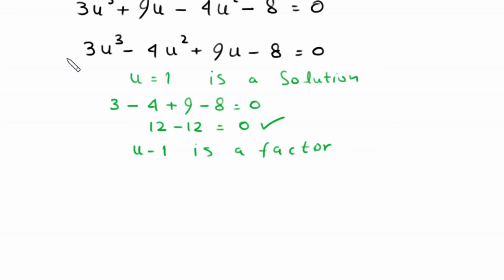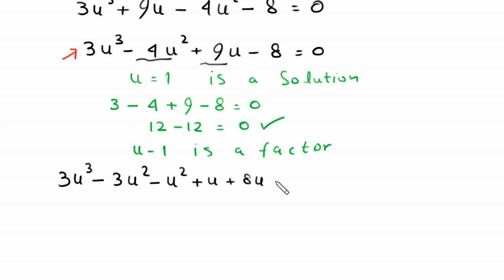So we rewrite this equation as 3 times u cubed. We write this negative 4u squared as negative 3u squared minus u squared, and we write this plus 9u as plus u plus 8u minus 8 equal to 0.